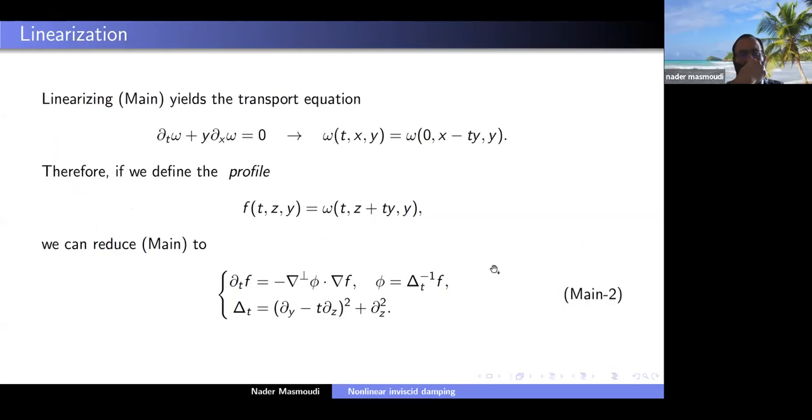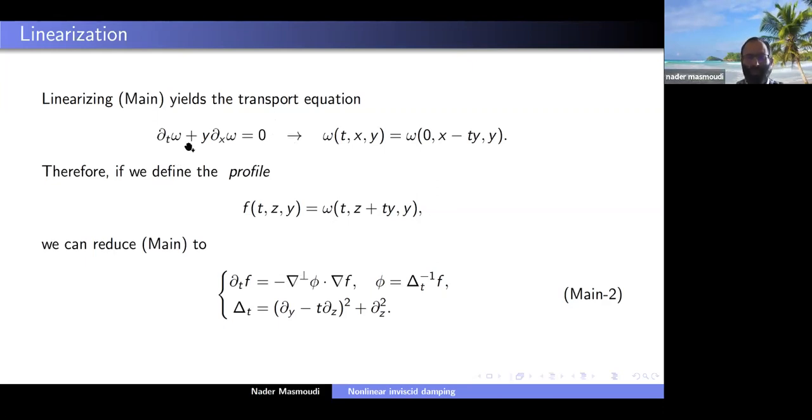Okay, now let me try to explain a little bit, mostly at the linear level. At the linear level, when you linearize around Couette, the nice thing is that the linearized operator is very simple. The linear analysis is completely explicit. And you have to understand very well what's the meaning of this.